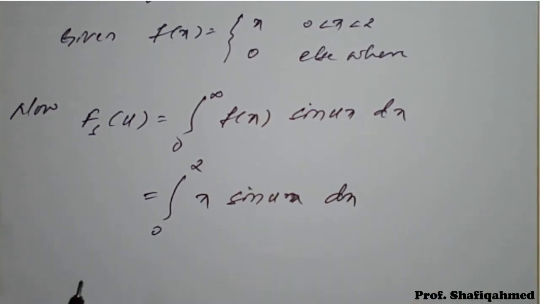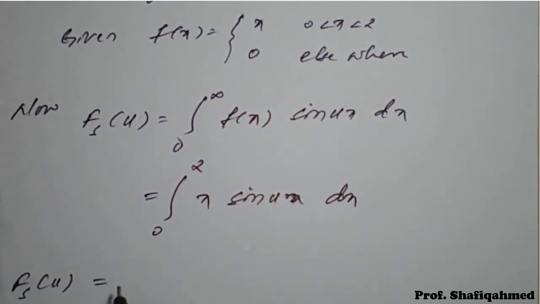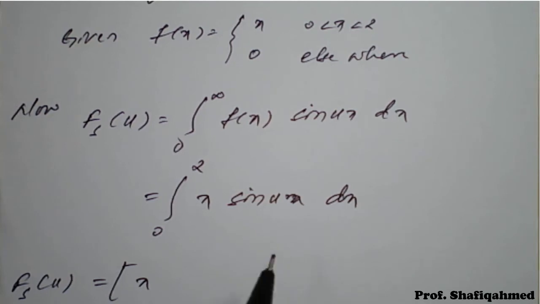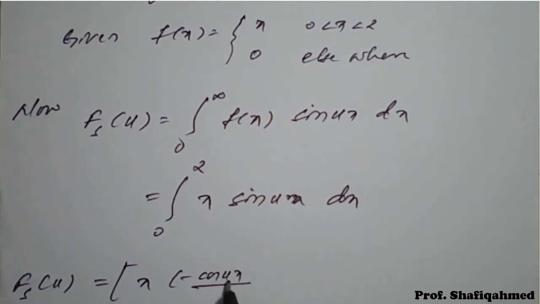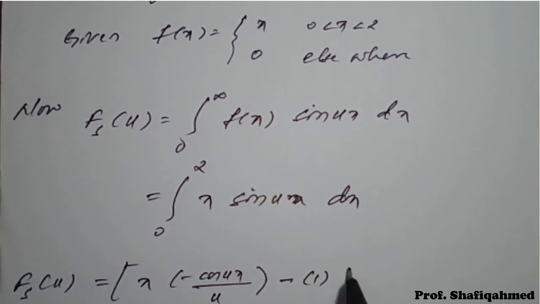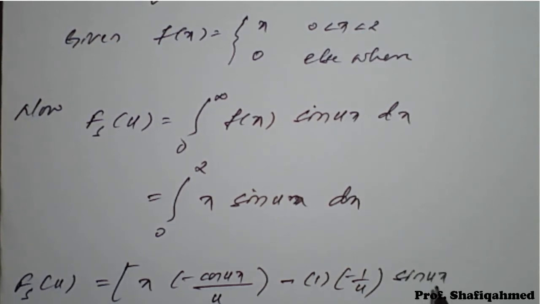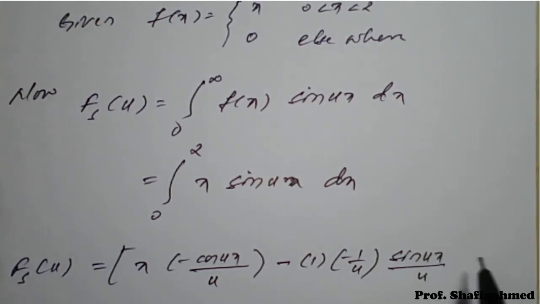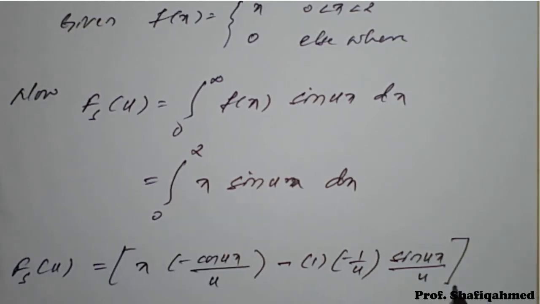On applying Bernoulli's formula, our fs of u, that is the sine transform, will become: keep x as it is, the integration of sine ux with respect to x is minus cos of ux divided by u. Then minus, the differentiation of x is 1, so minus 1 upon u, the integration of cos ux is sine of ux divided by u, the differentiation of 1 is 0, stop, and close with the limit 0 to 2.